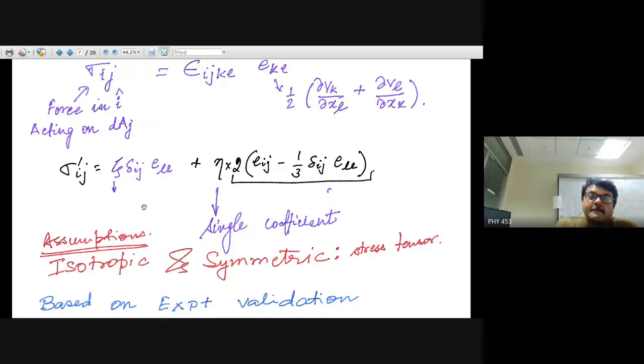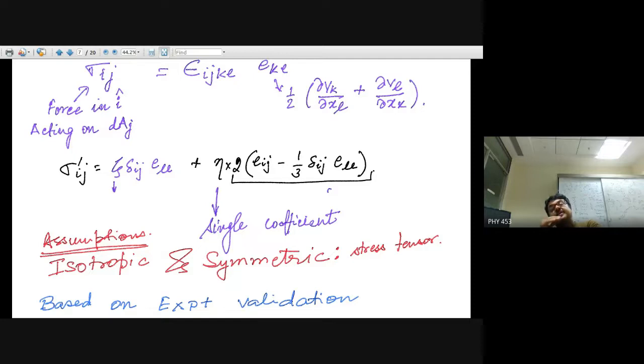But based on experimental validation, one knows that liquids like water are isotropic. The stress tensor is isotropic and symmetric. In different directions, the stress tensor does not vary.